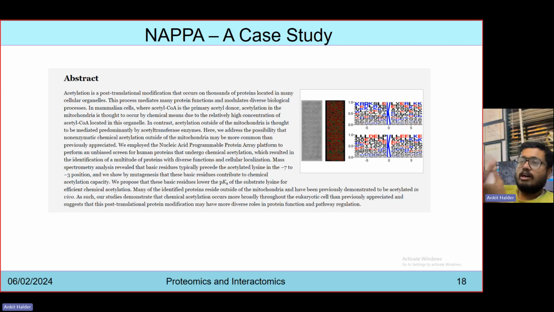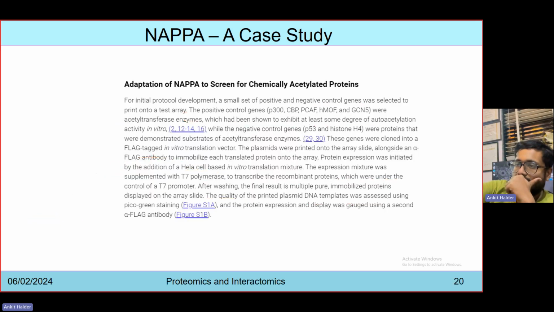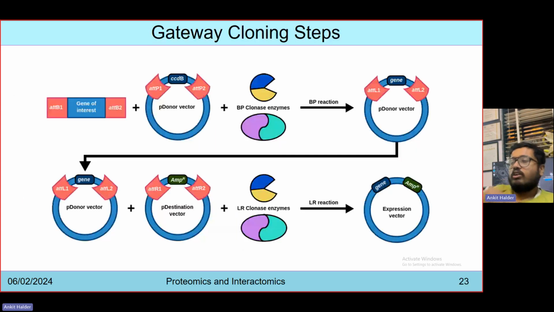So this will give you consistent proteins. If your protein is tagged with GST, it will get to the anti-GST antibody. If it is tagged with flag, it will get tagged with the anti-flag antibody. This ensures that the proteins are getting immobilized, and then we can look for them.